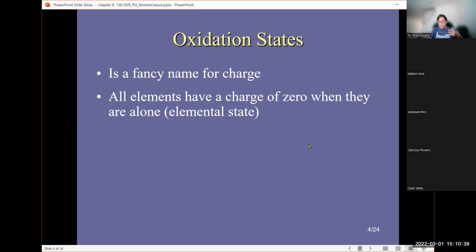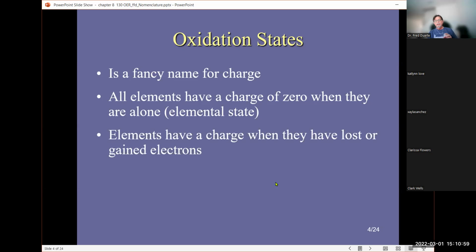Now, as I've stated countless times, a lot of times I sound redundant, but it's for a reason: all elements have a net oxidation state of 0, because they have an equal number of protons and electrons.